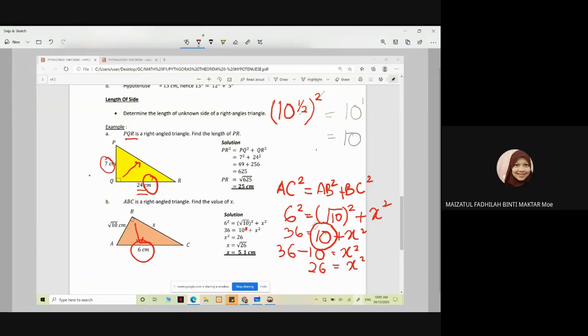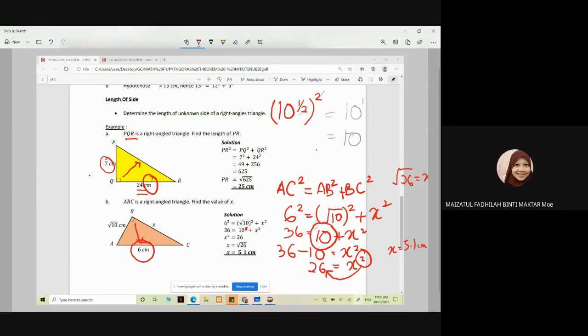So to find x, the power of 2, you must remove. Bring to the other side, it will become the square root. So the square root of 26 equals x. Use your calculator, so you will get x equals 5.1 cm.